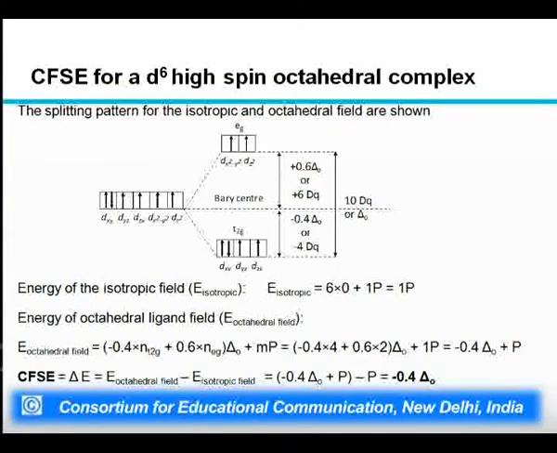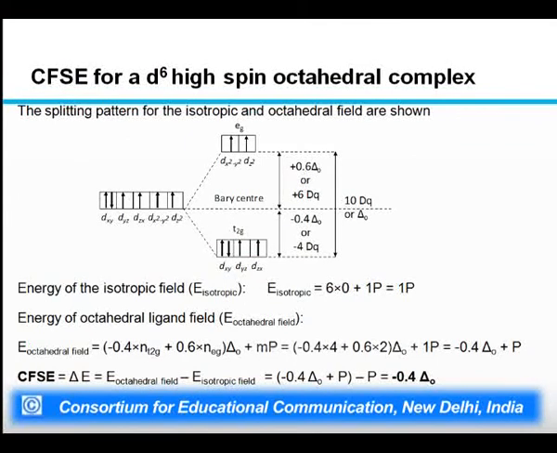So, E isotropic field is 1P. Now, energy of an octahedral field would correspond to 4 electrons in the T2G, 2 electrons in the Eg, and since there is one electron pair, we would add 1P, giving us a total energy in an octahedral field as minus 0.4 delta naught plus P. Now, the CFSE, which would be a difference between the two, would come out to be minus 0.4 delta naught.